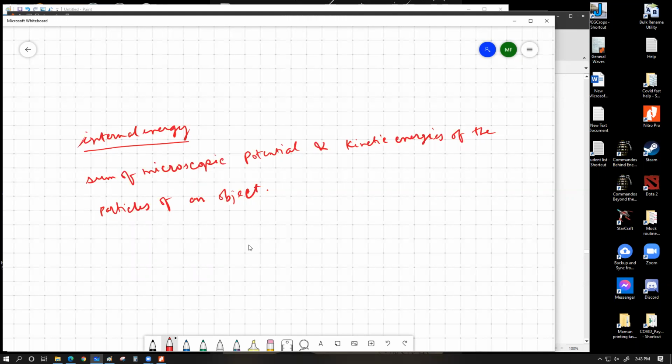Moving about a defined equilibrium position is what we call vibration, and moving from one position to another is what we call translation.